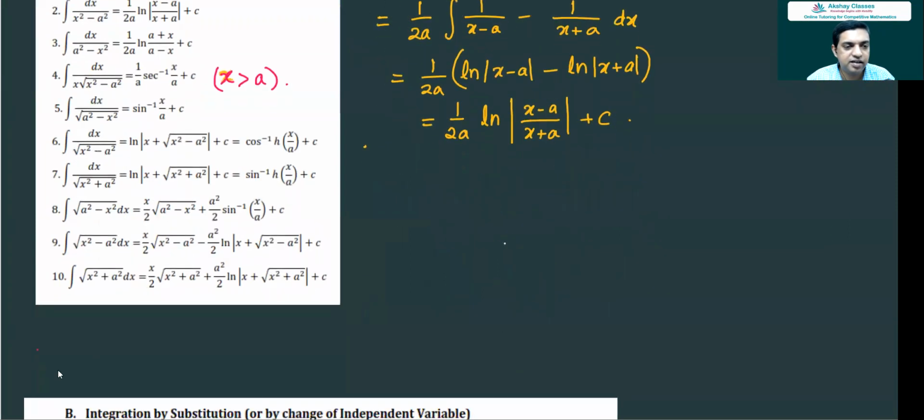We are doing 8th, 9th, 10th. So 6th and 7th is direct. It is, of course, if we integrate this one, if you differentiate the right hand side, you will get the left hand side. You can cross check that. So this is one of the standard forms.